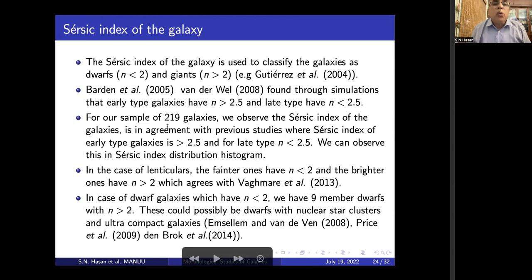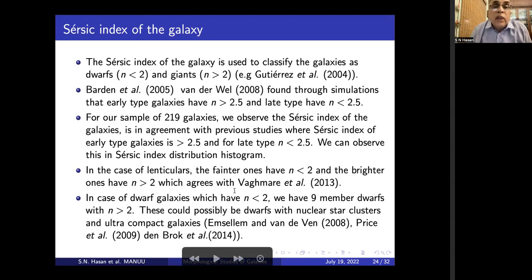For a sample of 219 galaxies, we observed that the Sersic index of the galaxies is in agreement with the previous studies, where the Sersic index of early type galaxies is greater than 2.5 and for late types the Sersic index is less than 2.5. We can observe this in the Sersic index distribution histogram.